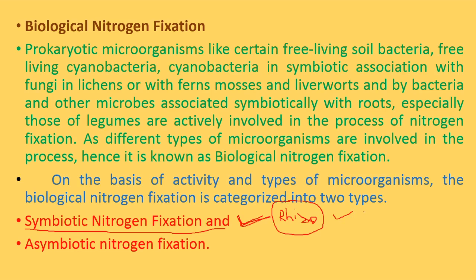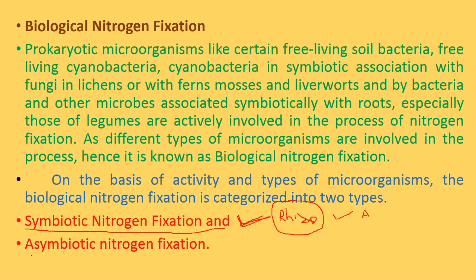This is another type of symbiotic nitrogen fixation mechanism in which Anabaena, a cyanobacterium, lives on the leaves of the Azolla plant and fixes nitrogen. Anabaena gets shelter and food from the Azolla plant, and in turn the Azolla plant gets nitrogen fixed by the cyanobacterium Anabaena. So this is nothing but symbiotic nitrogen fixation.